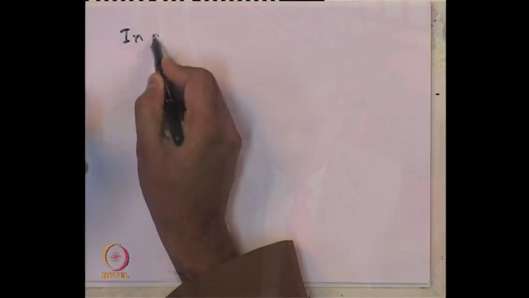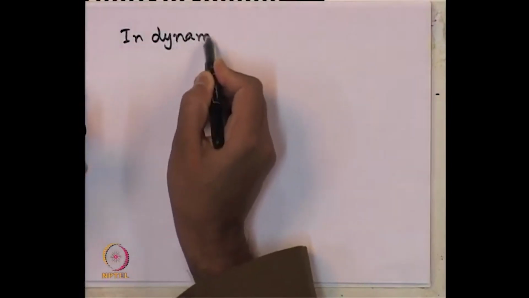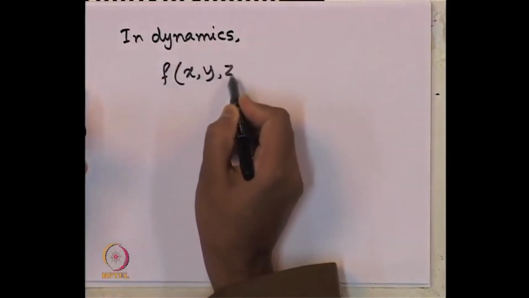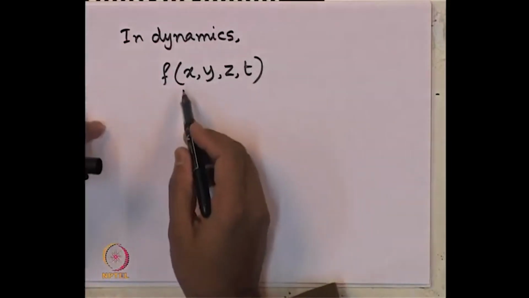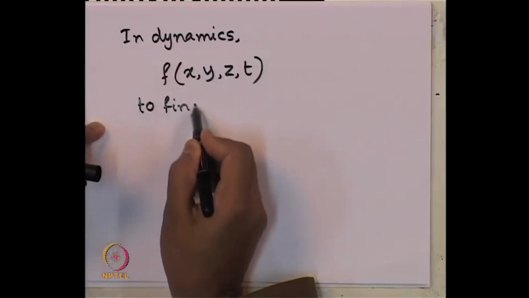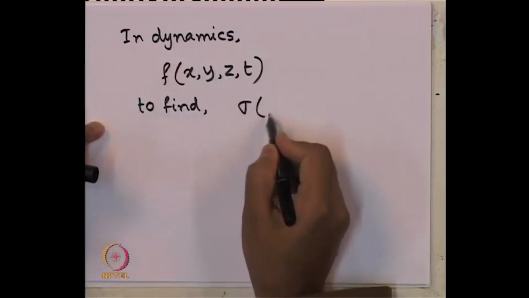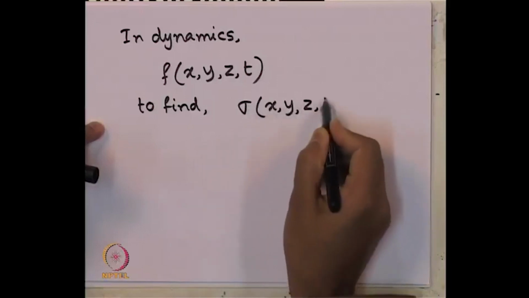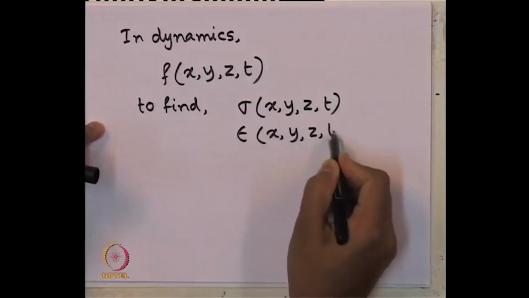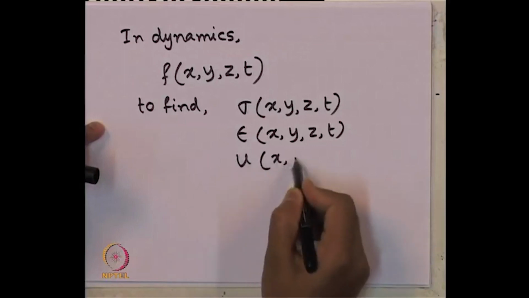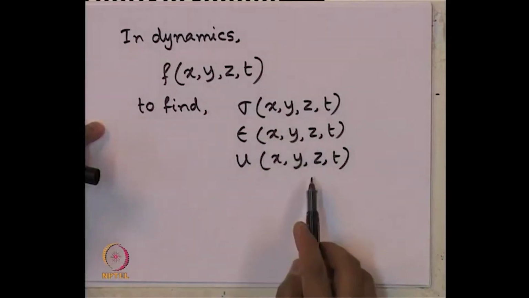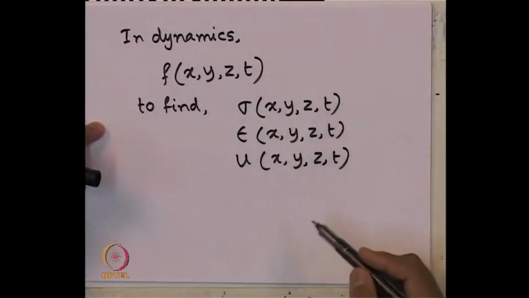In other words, in dynamics, we have applied load which can be a function of the coordinate system and time, and we can find the results of stresses in the body, strain in the body and displacement in the body, which can be functions of the coordinates x, y, z and the additional factor which is time.